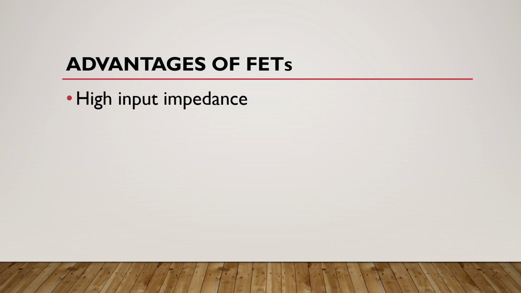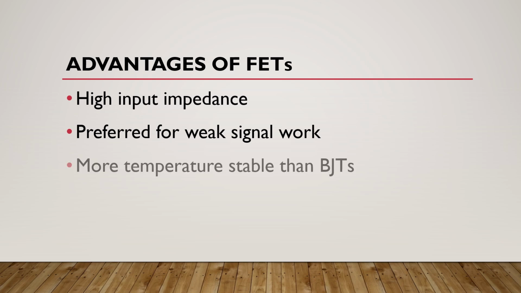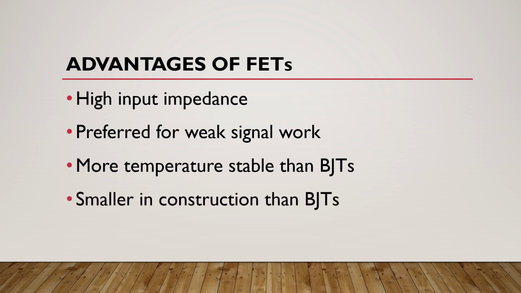Field effect transistors are also preferred for weak signal work, for example in wireless communications and broadcast receivers. They are more temperature stable than bipolar junction transistors. They are usually smaller in construction than bipolar junction transistors, making them particularly useful in integrated circuit chips.